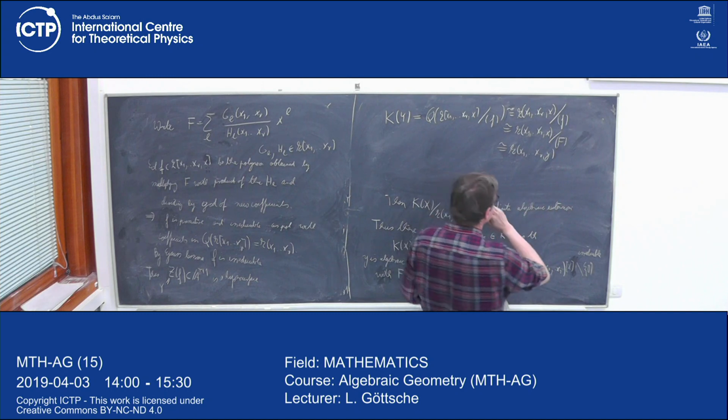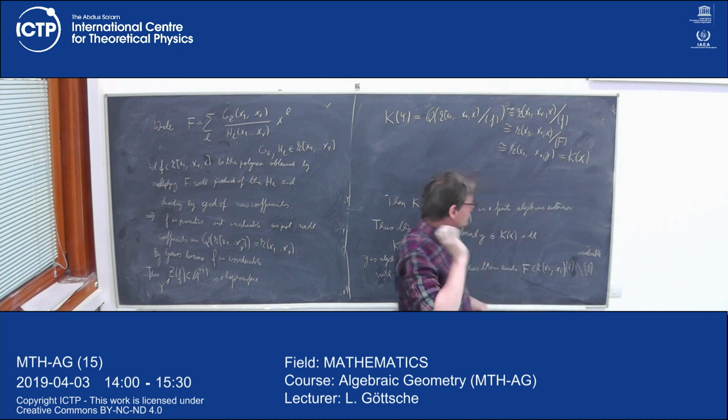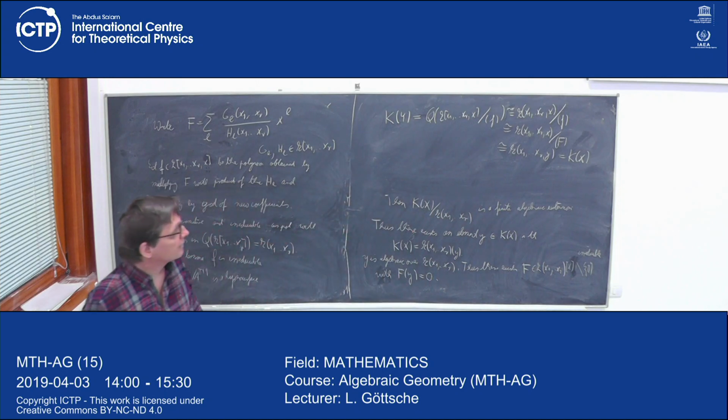Y was this element, which is k(X). So therefore X and Y are birational.